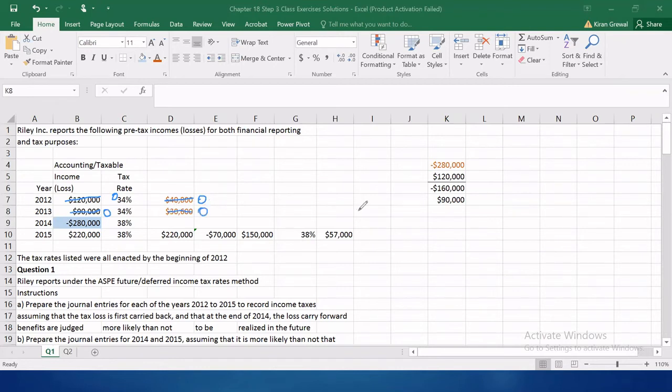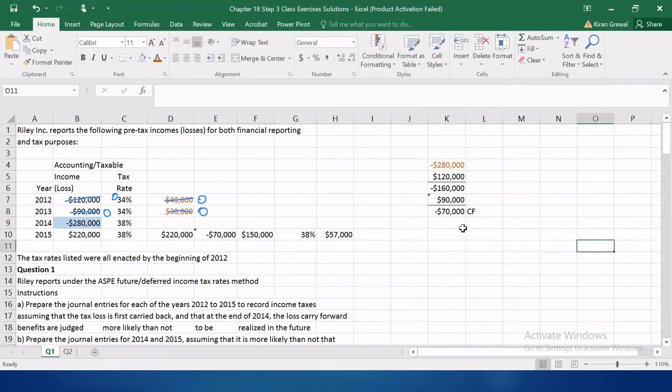All right, and then do we have any loss left over to carry forward? Let's take a look. So we've used up 160. We've used up 90. How much do we have left over? So we have $70,000 of a loss left over that we can carry forward.